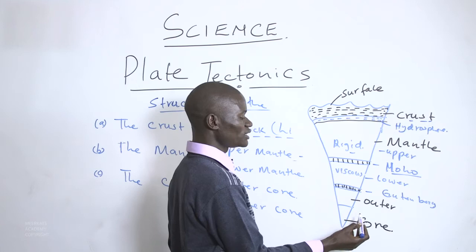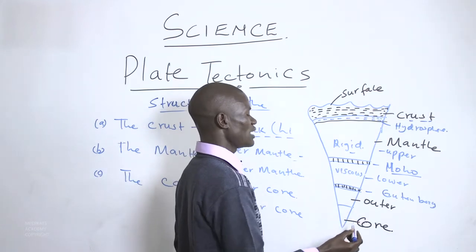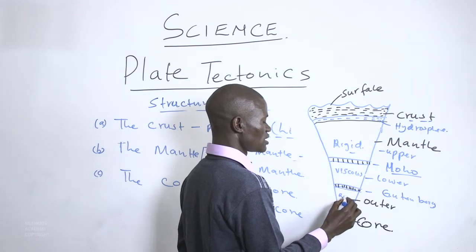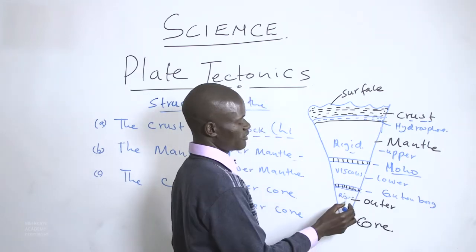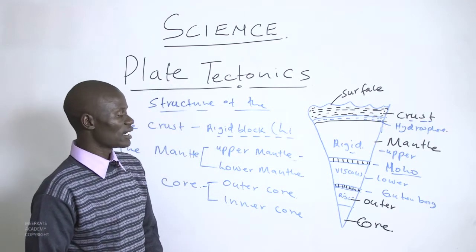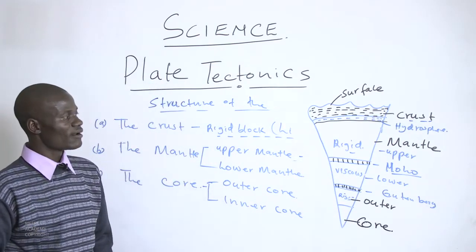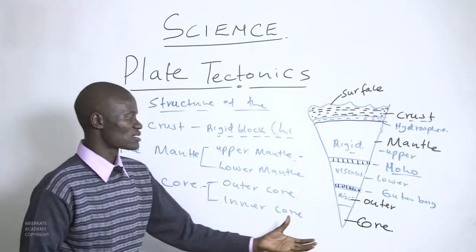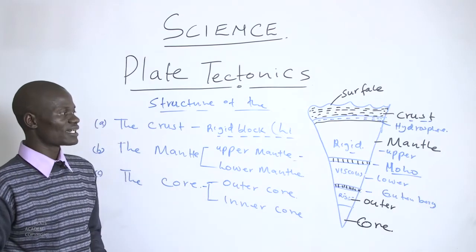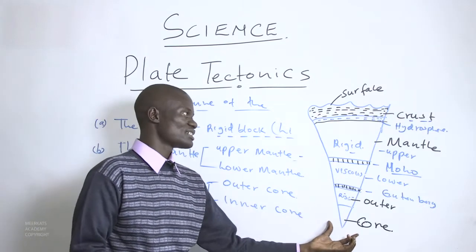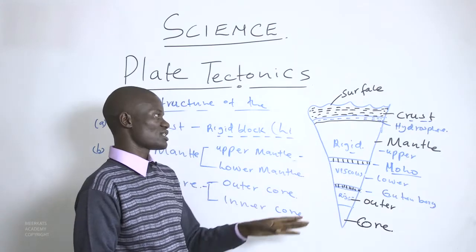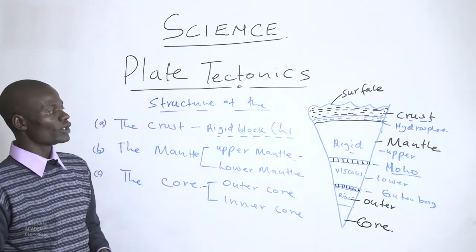The outer core is also rigid, made up of rigid blocks, while the inner core is made up of semi-molten liquid form. That is what we call magma. We learned that during volcanic eruption, it is the cause of eruption.